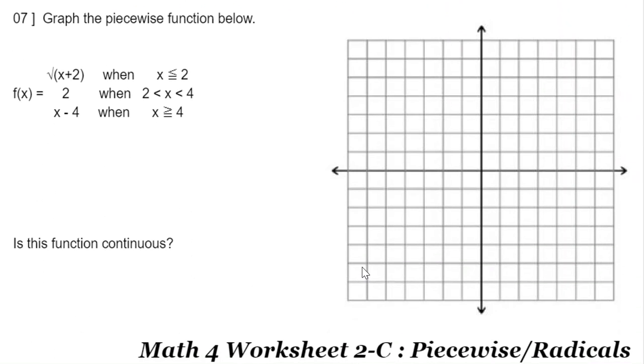All right, we've got to graph this beast and then ask the question, is it continuous? Okay, so we'll start with the first one. Square root of x plus 2. That means we are moving not to the right, but to the left. And we are going to go up 1 over 1, up 2 over 4, up 3 over 9.